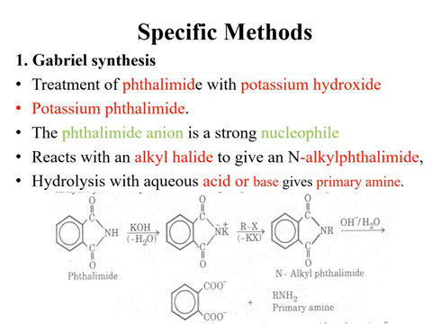So phthalimide will be converted into potassium phthalimide, then potassium phthalimide will be converted into N-alkyl phthalimide, and N-alkyl phthalimide will undergo hydrolysis in the presence of any acid or base to rupture this phthalimide into phthalate ion, and with the formation of a primary amine.